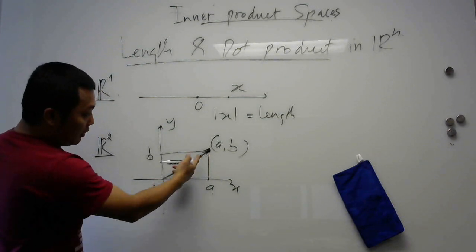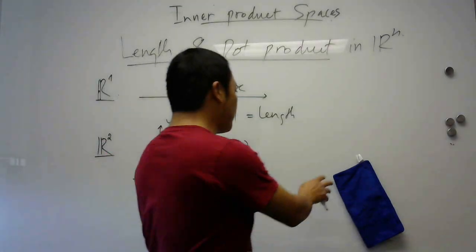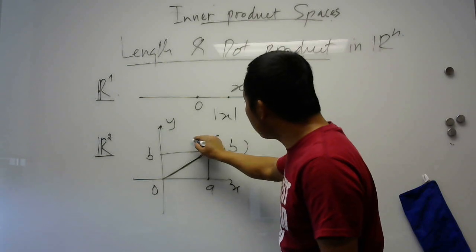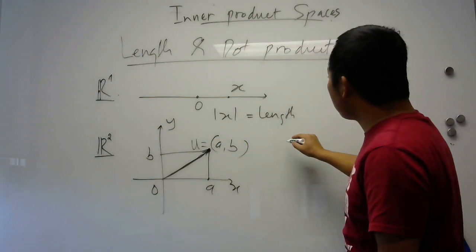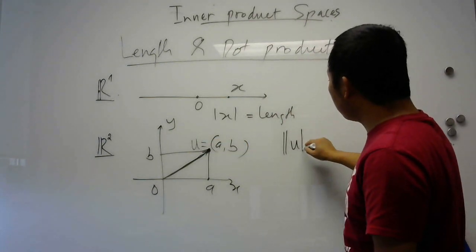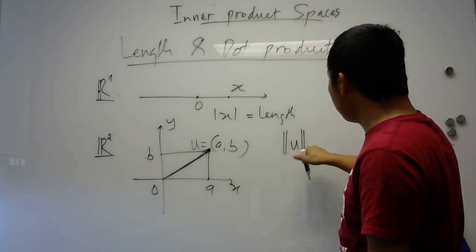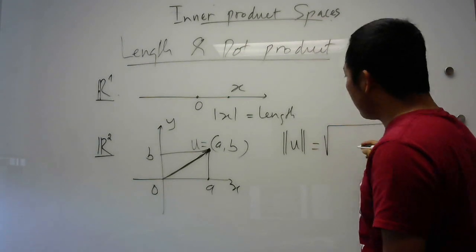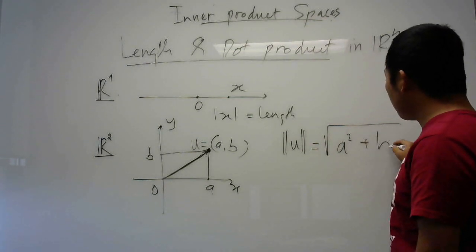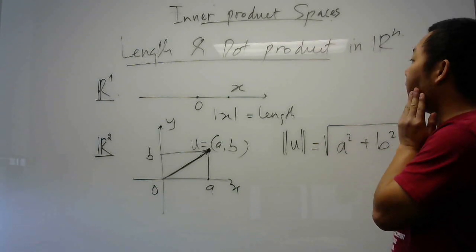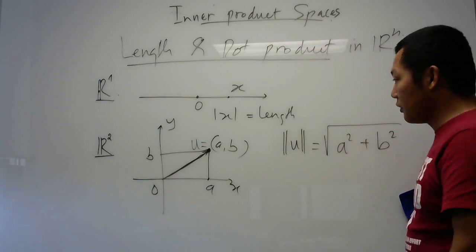Let's say that vector is u. I will write the length as the norm of u, equal to the square root of a squared plus b squared. That is the length of vector u, or the distance from u to 0.